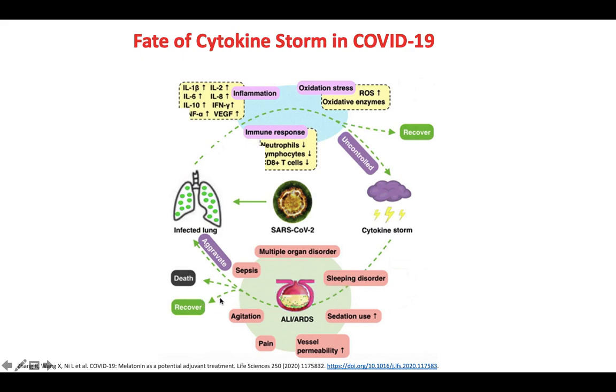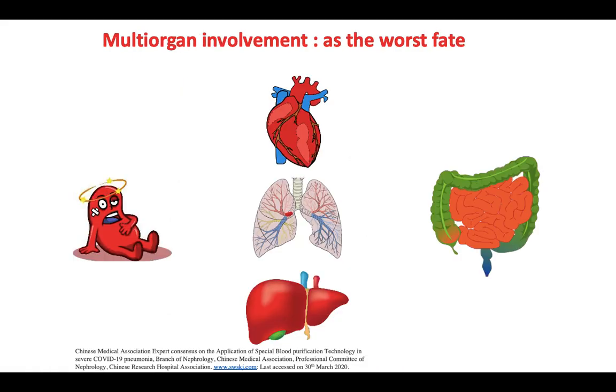If you support the organ adequately, there is a possibility they will recover, or it may lead to poor outcome in terms of mortality. At the same time, the patient is affected again by the origin of this so-called cytokine storm. This vicious cycle continues, leading to more and more multi-organ damage.